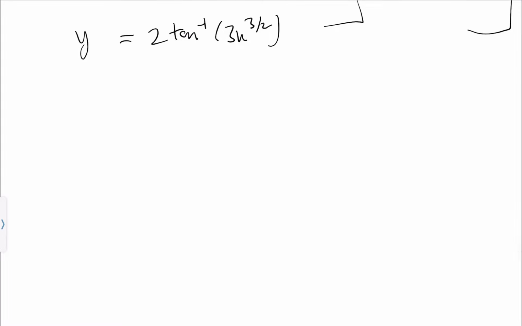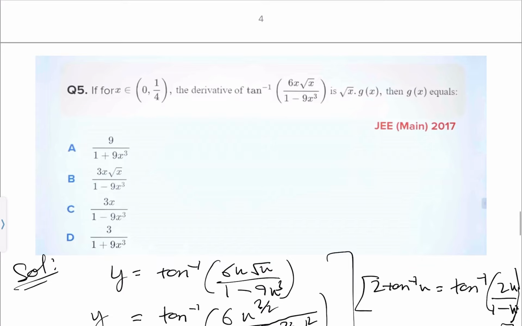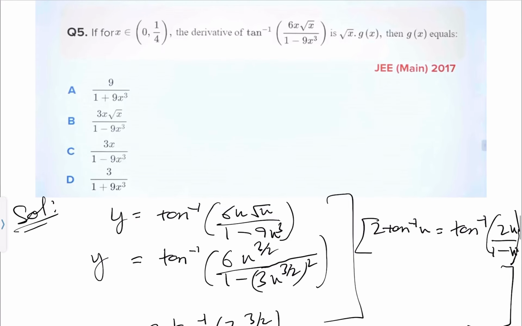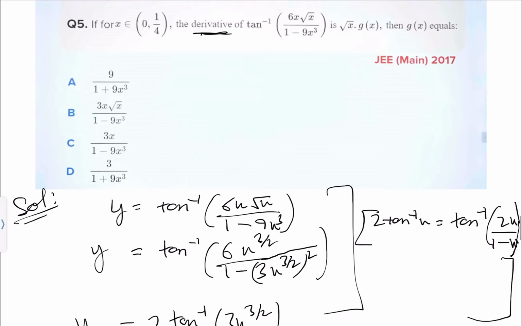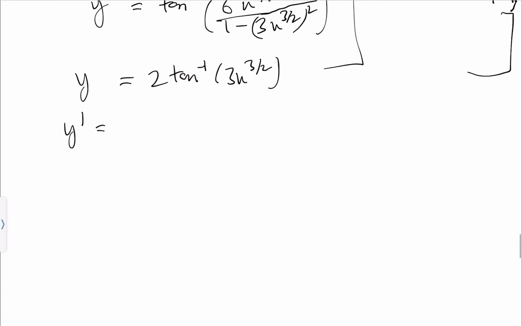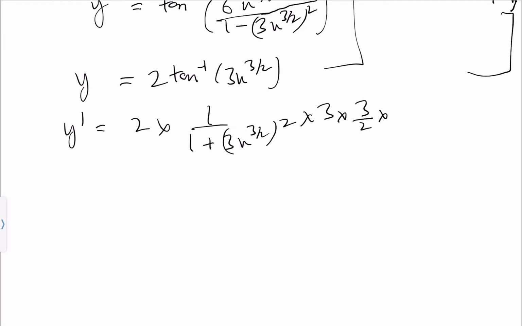And then I will find my y dash. We are also given the derivative, so we will find y dash only. So it will be twice into 1 upon 1 plus 3x to the power 3 by 2 whole square, multiplied by chain rule 3 into 3 by 2 into x to the power 1 by 2.